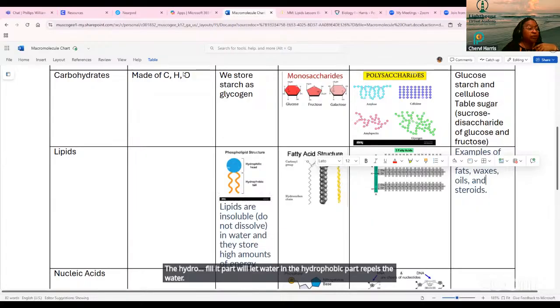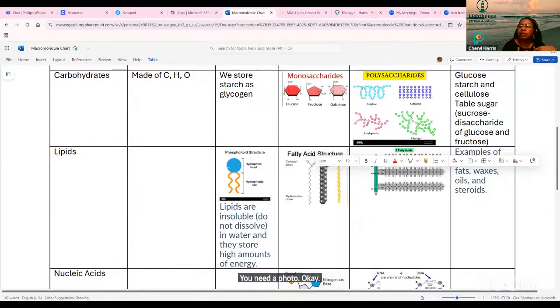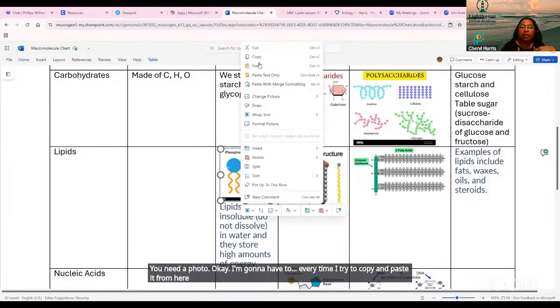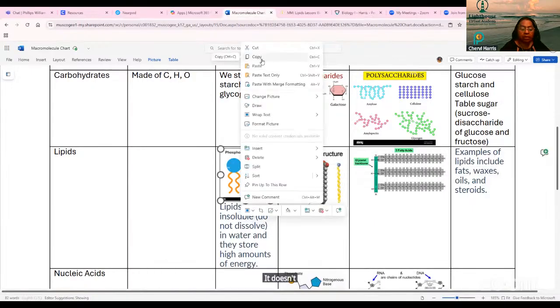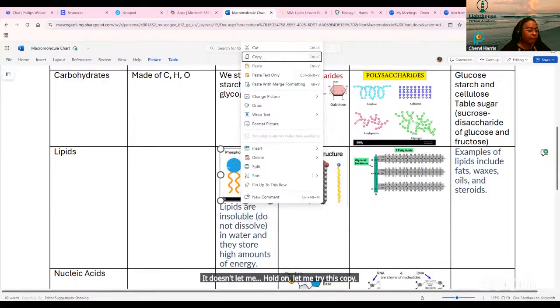You need a photo. Okay. Every time I try to copy and paste it from here, it doesn't let me. Hold on, let me try this. Copy. All right, let's see. Yay, it worked. It liked that picture.